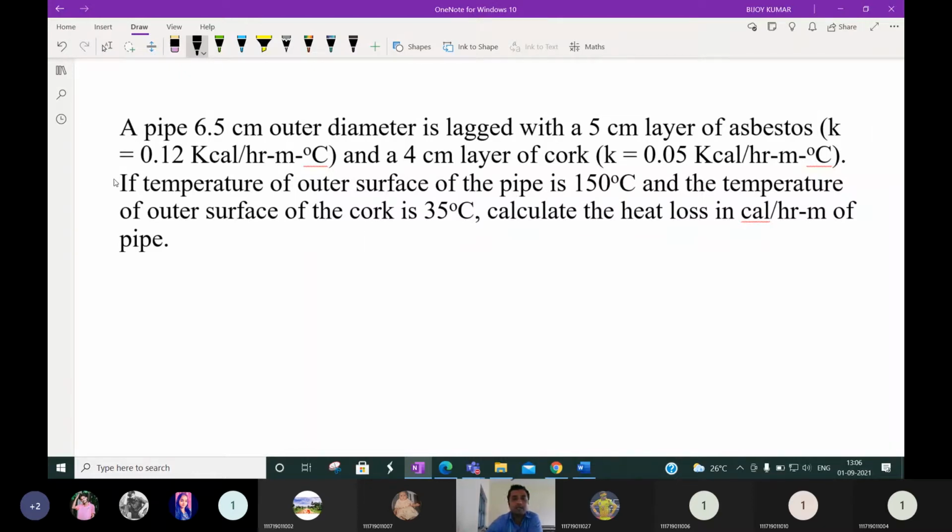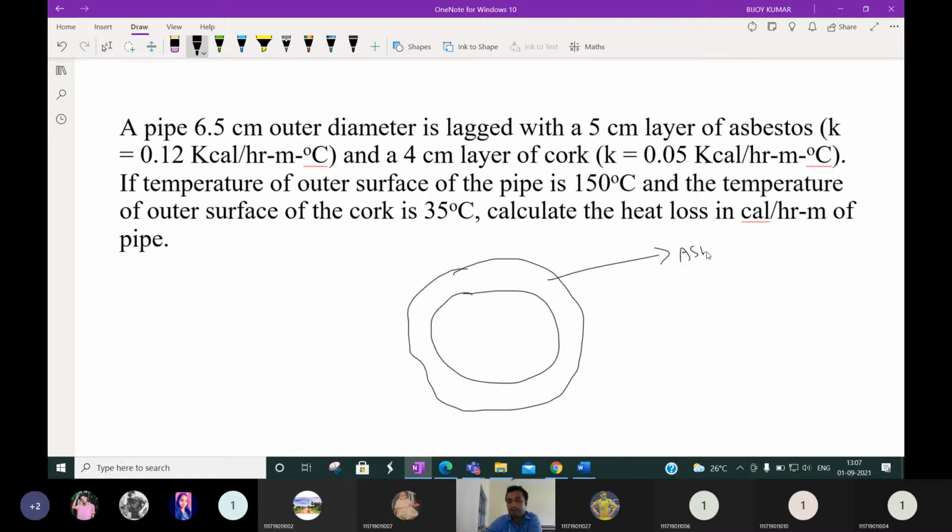First thing is given a pipe of 6.5 centimeter outer diameter. It means let us draw one pipe. It is laid with a 5 centimeter layer of asbestos. It means outside this pipe one asbestos material is there.